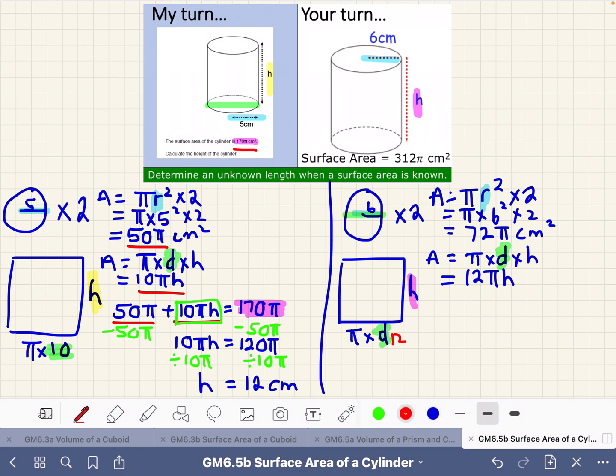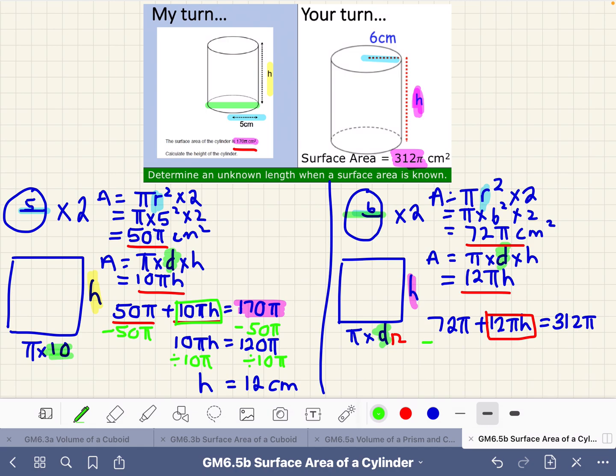We know that 12 pi h add 72 pi will give us an answer of our 312 pi here. That means we can show 72 pi add 12 pi h is equal to the 312 pi in our question. We are aiming to get our height on its own, and at the moment it is stuck to the 12 pi.